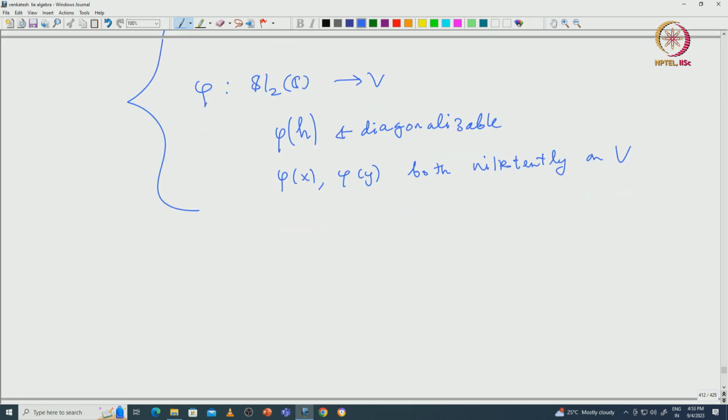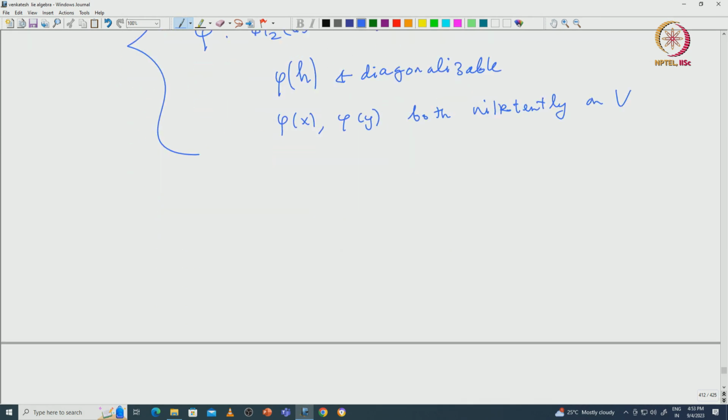Let me state the result first, so that we will not be lost, because we will be talking about two different notions of Jordan-Chevalley decomposition. I do not want you to get confused. Let me write the result and then explain what we really mean.